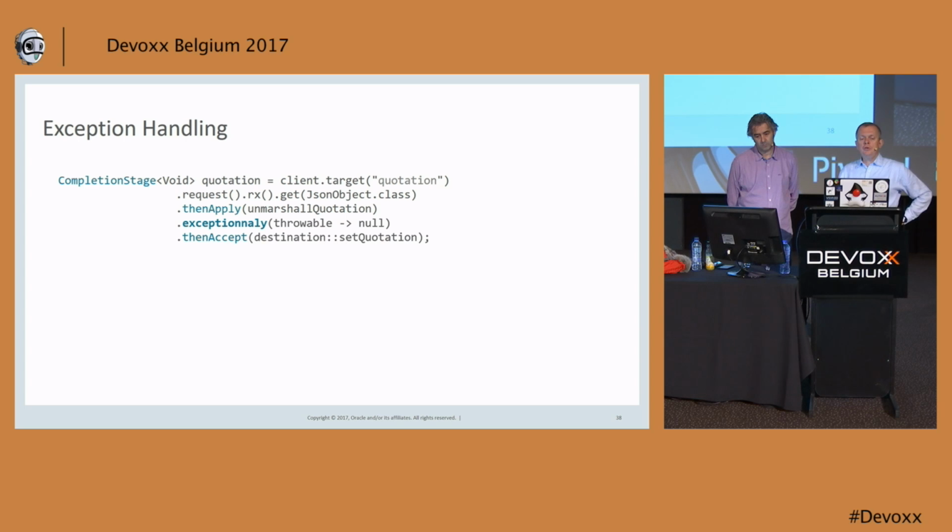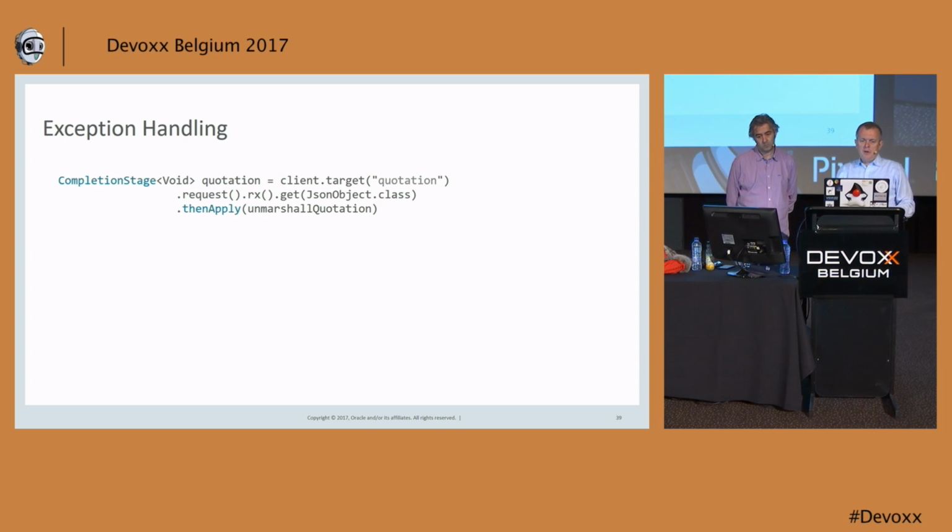And then we continue with thenAccept destination.setQuotation. So in fact, here, we are just getting the exception, deciding that the quotation is not there, so we return null, because we do not have any quotation, and we'll just set the null value in the quotation field of the destination object. So it's a way of handling the exception, saying, okay, not too bad, the destination object will not have its quotation, but we can live with it.